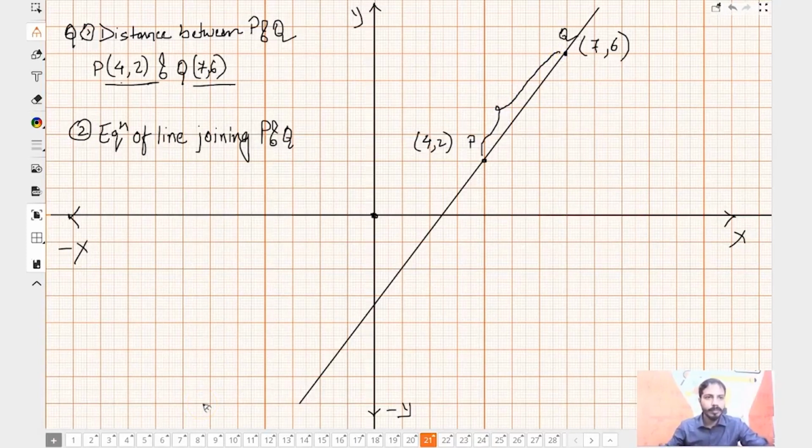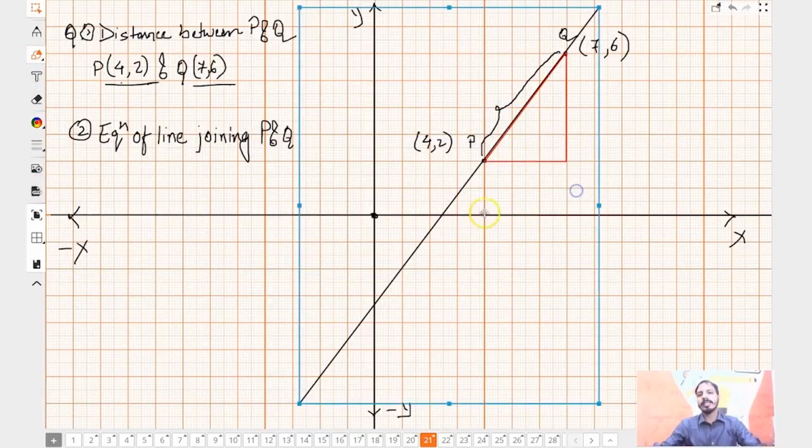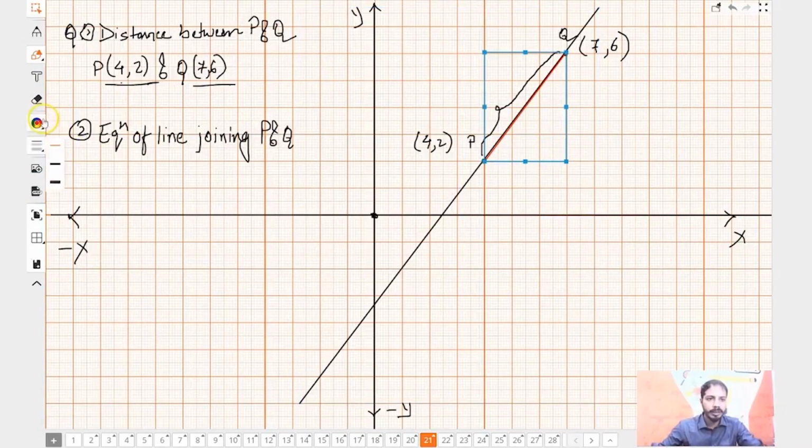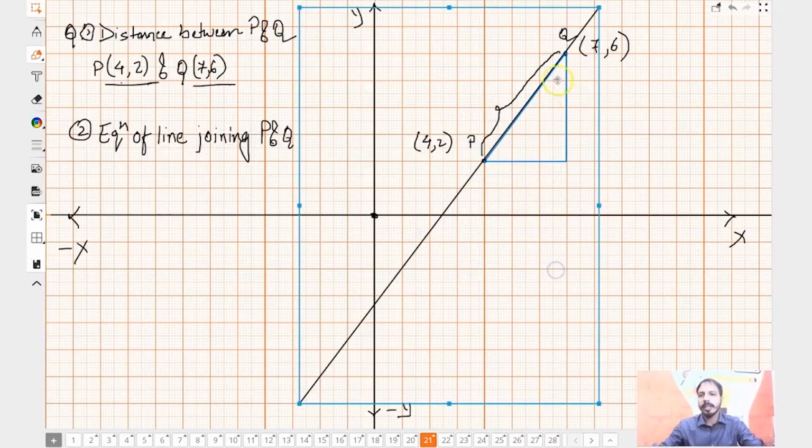So how do you find this? Now this is very simple. By using Pythagoras we can find this. So what we will do is, let me say we have a triangle in this way. Now in this triangle, let me change the color of this, say blue color. So this is the triangle.